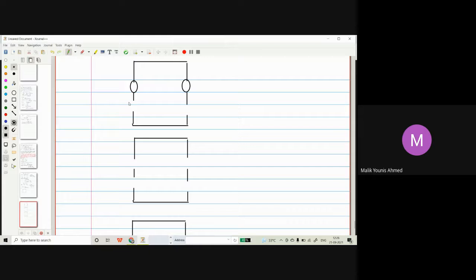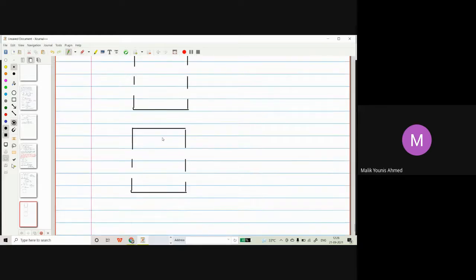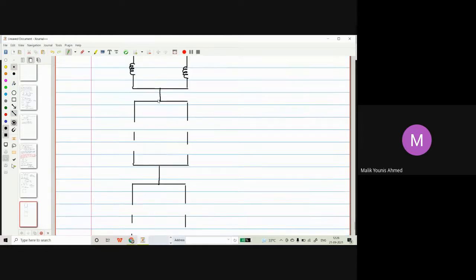So these are the impedances you will be drawing. We are drawing roughly and quickly. Connection between these two, and there is also a connection between these two. Okay, so this you can avoid.